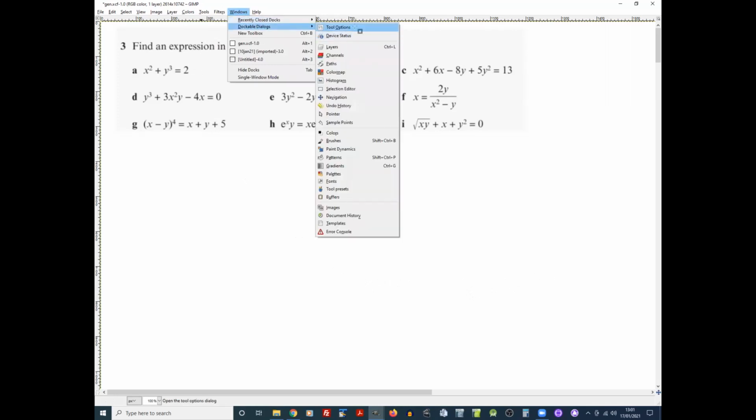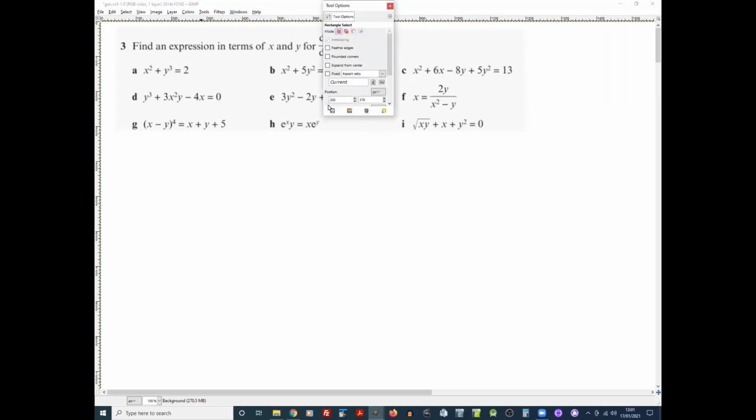So could we say y cubed equals 2 minus x squared for a first step? Yes. Y cubed equals 2 minus x squared. Good.